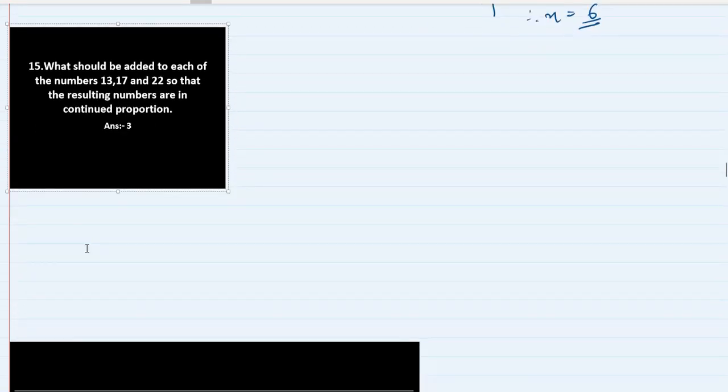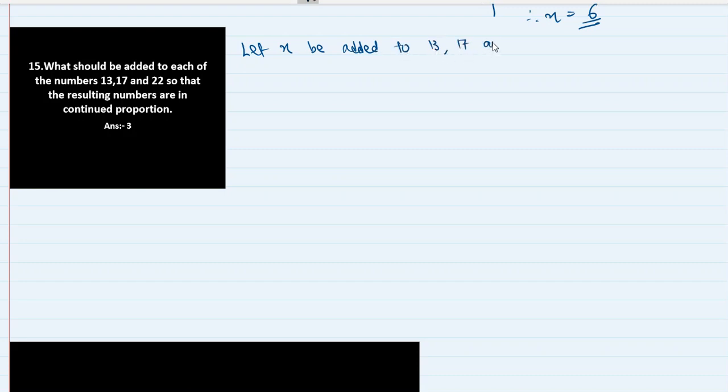What number should be added to each of the numbers 13, 17 and 22 so that the resulting numbers are in continued proportion?